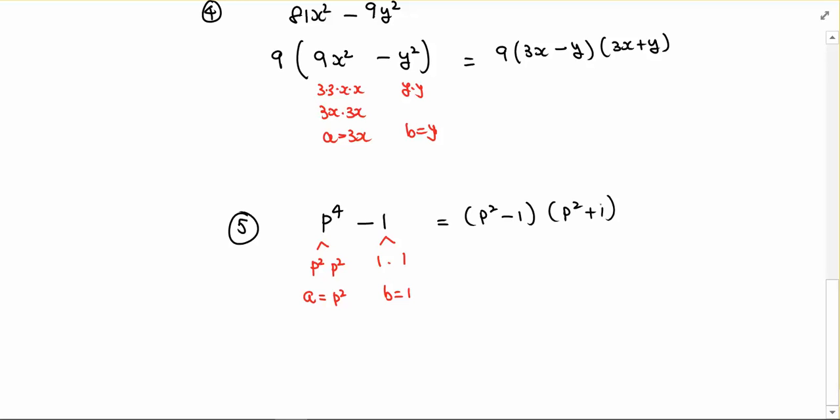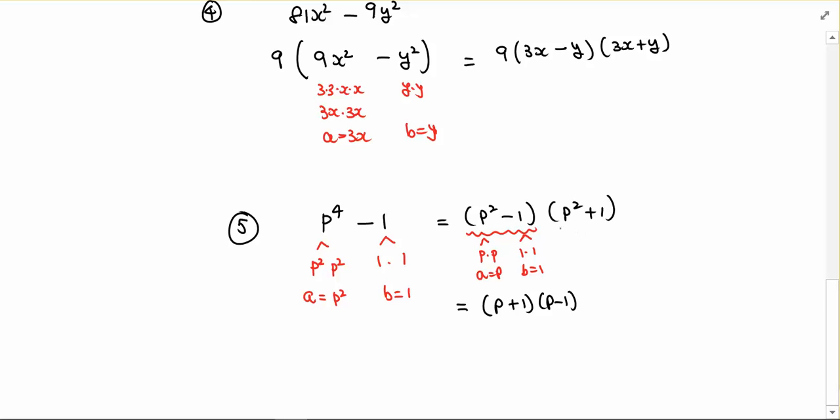Now the interesting thing about this problem is you're not done yet. If you look carefully at this one here, that in itself is a perfect square. That is p times p, and this is 1 times 1. So a is p and b is 1 for that. So that part of the problem works out as (p plus 1)(p minus 1).